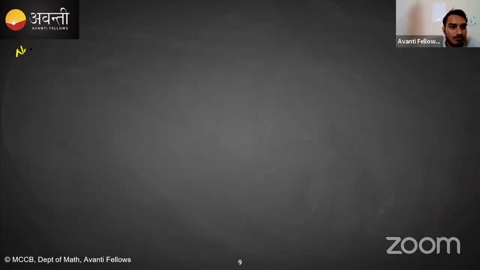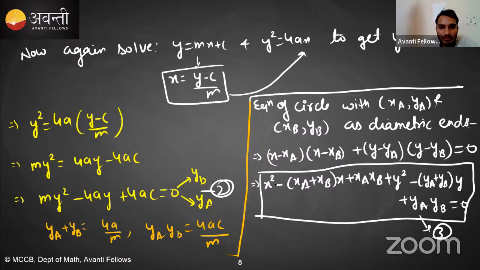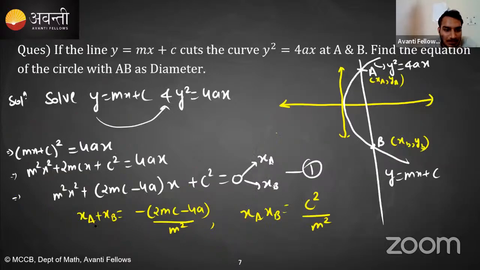Okay. Now substitute all the required values in equation 1, which is nothing but x square minus xa plus xb. What is xa plus xb? Minus times 2mc minus 4a upon m square, right?